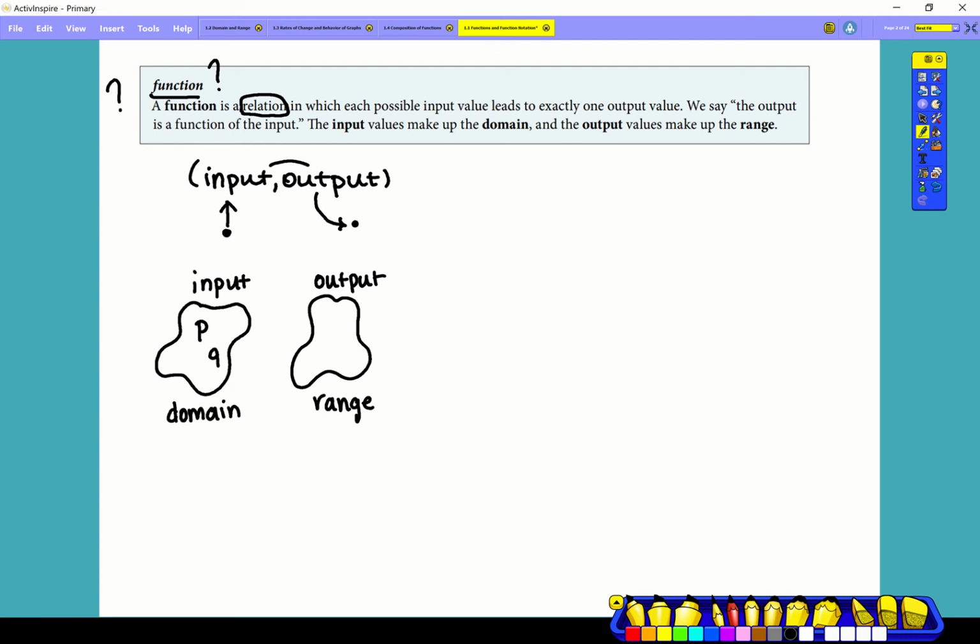We'll have just random bits of the alphabet scattered in here. Notice that by this definition, it would be possible for two different inputs to have the same output. This is a function. It's good.